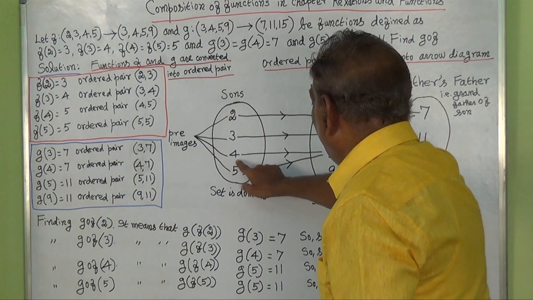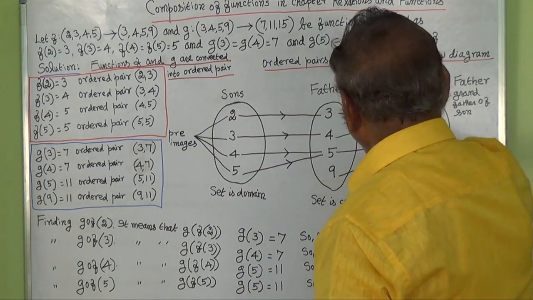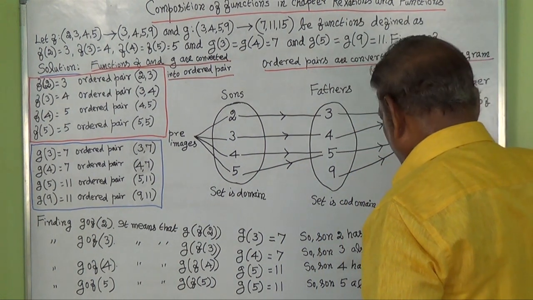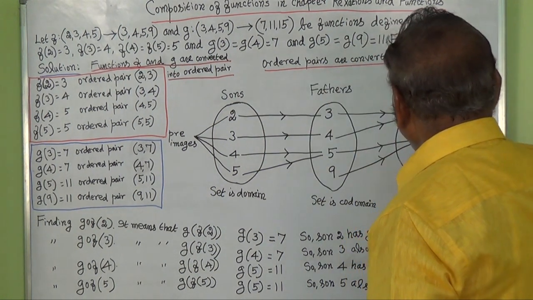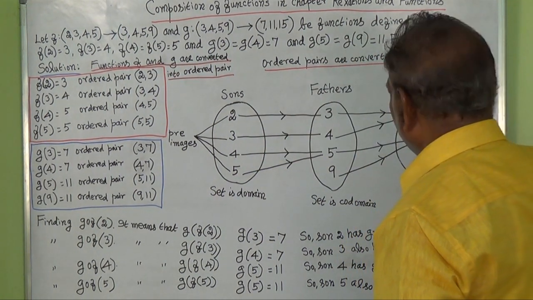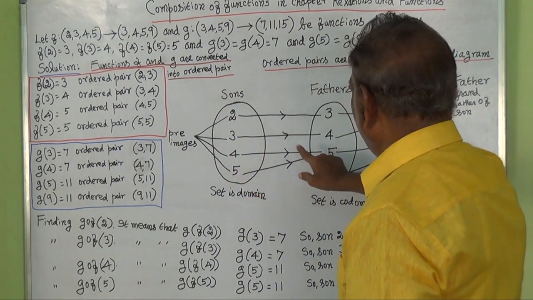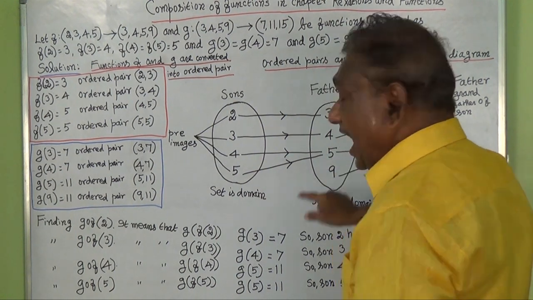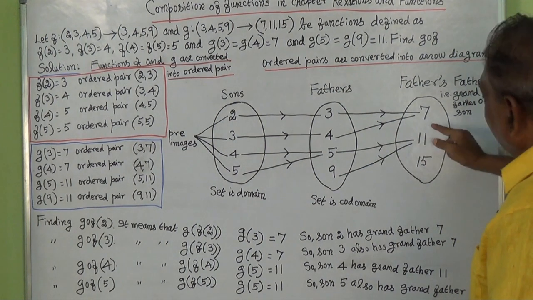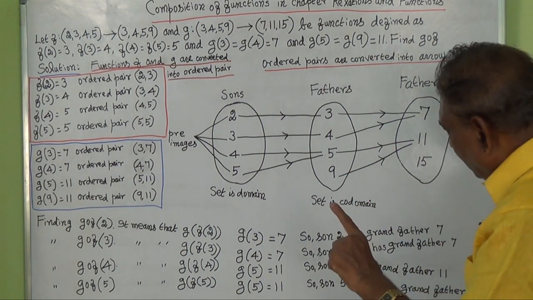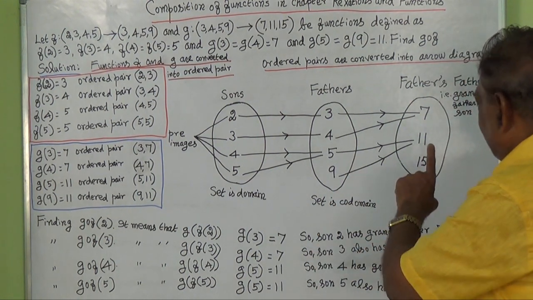Likewise, the son 4 is having the father 5, and the father is having his father as 11, so that the son 4 is getting the grandfather as 11. Lastly, the son 5 is having the father 5, and the father 5 is having his father as 11, so that the son 5 is getting the grandfather as 11.